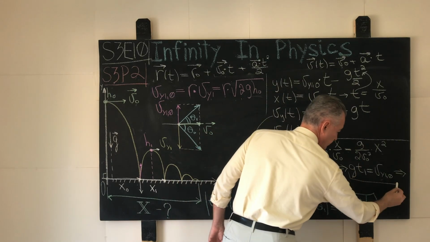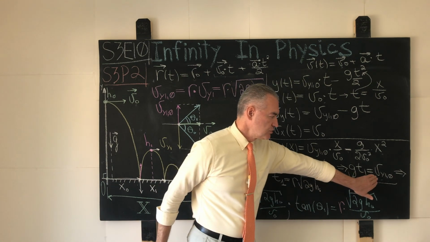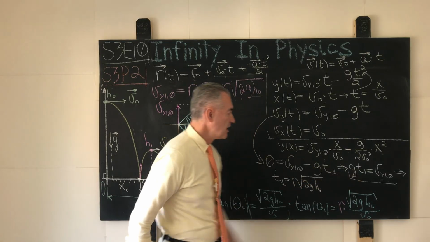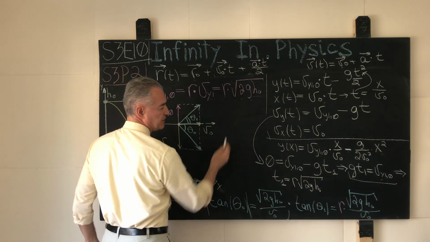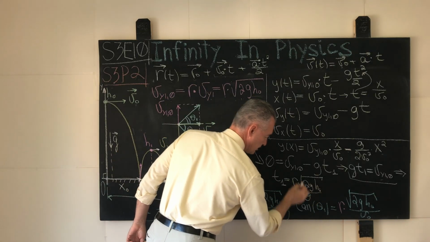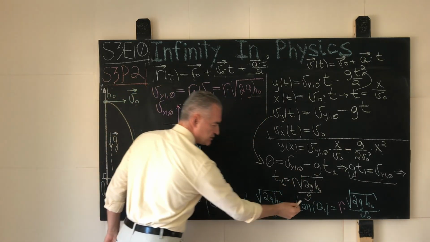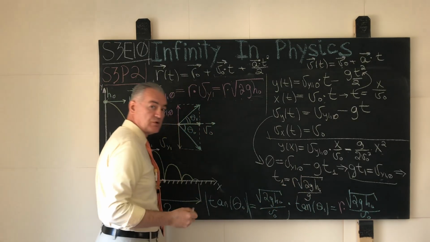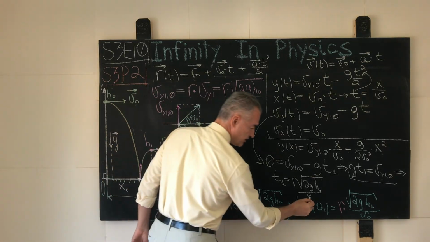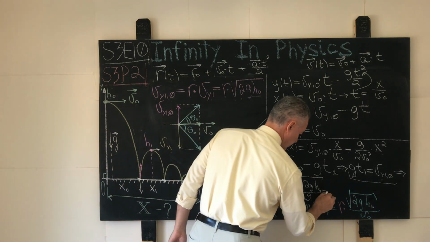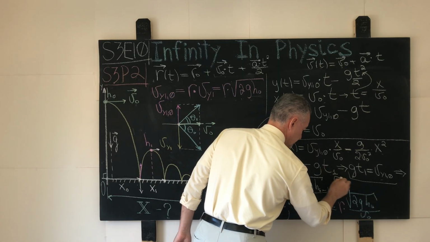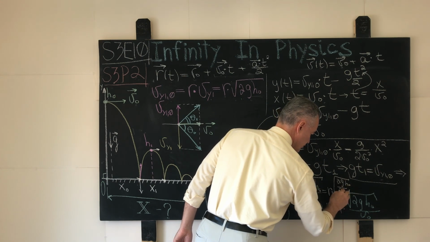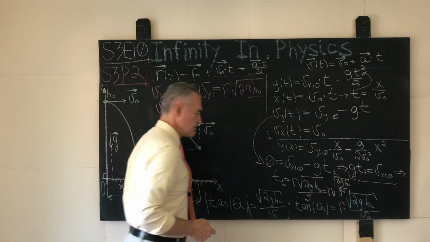Remember, see, from this one, t1 is equal to vy10, which is known, divided by g. Now, if we bring g under the square root, what will happen? Again, this g would want to sneak under the square root. And as it does so, it will gain one extra power. And the g squared, let's write it down here, it will be r times square root of 2gh0 over g squared. I apologize for the mess.